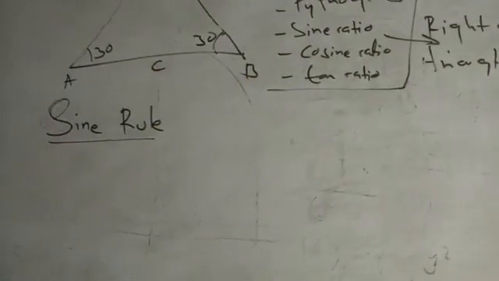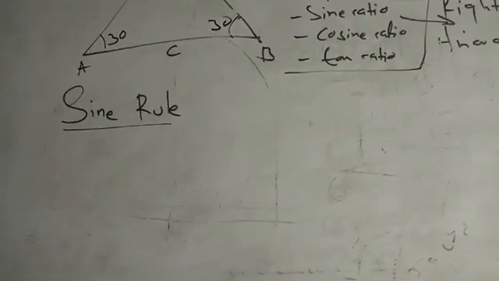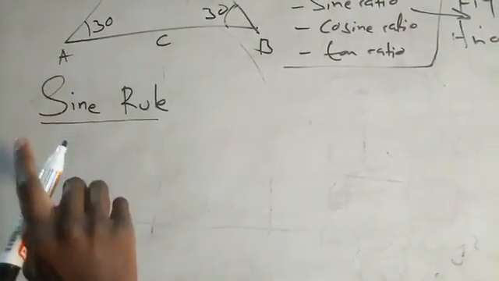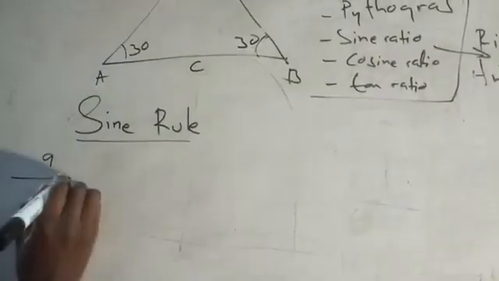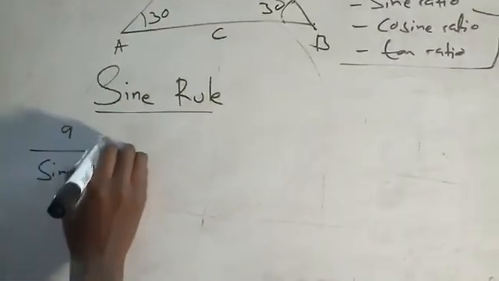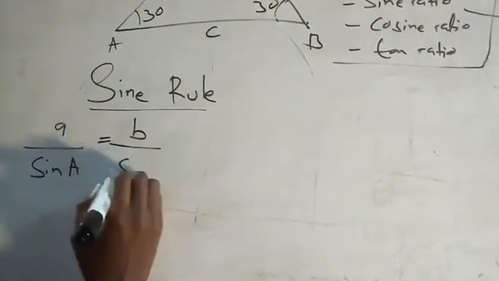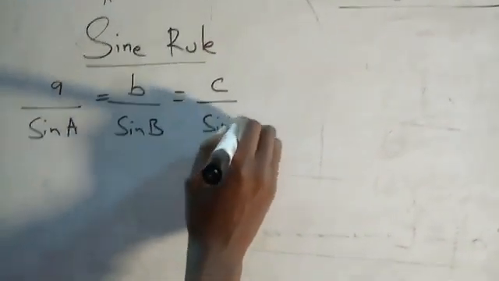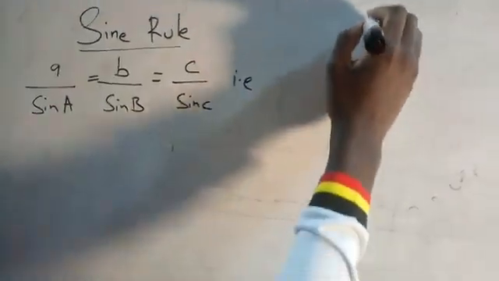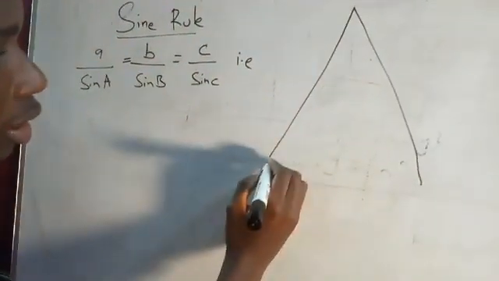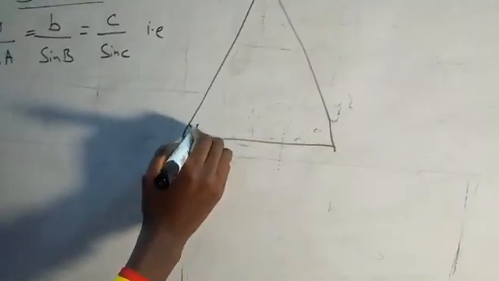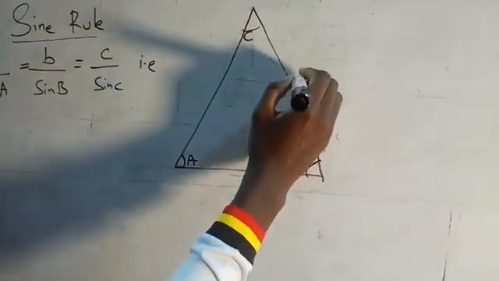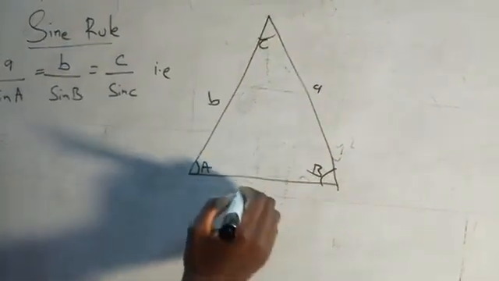So in a non-right angled triangle, we shall find what we call the sine rule, and this sine rule suggests like this: a over sine A equals b over sine B, and c over sine C. That is, if we draw our triangle like this, naming this angle A, this angle B, and this one C, this side will be a, this one b, and this one c.